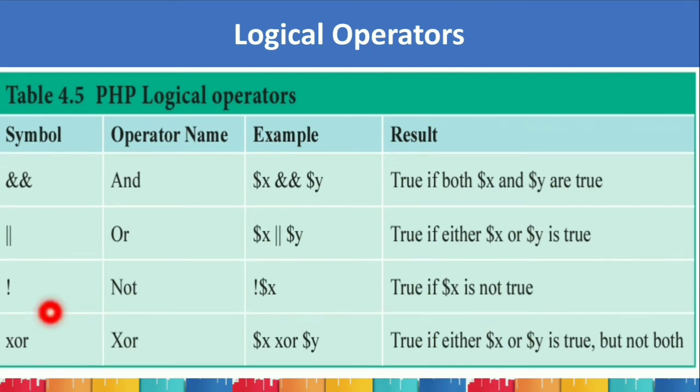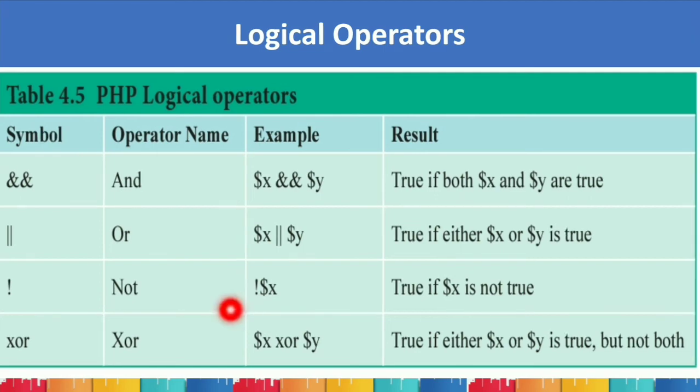And the last operator is the XOR operator. The symbol used is XOR, and the name of the operator is XOR. We combine two conditions using the XOR operator, and here the result will be true only if any one of the statements is true. For example, X should be true or Y should be true, not both.